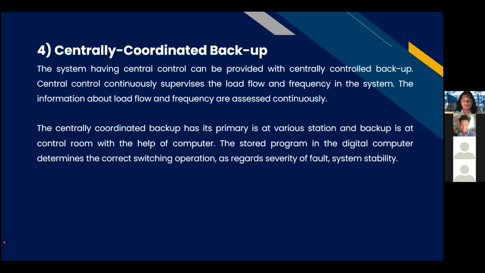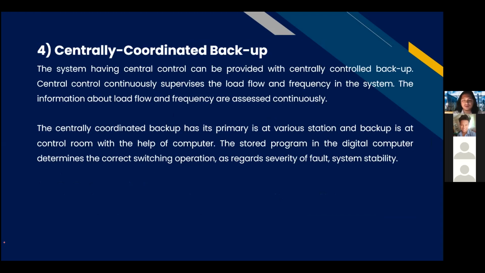Next. Last is the centrally coordinated backup protection. A system having central control can be provided with centrally controlled backup. Central control continuously supervises the load flow and frequency in the system. The information about load flow and frequency is assessed continuously.